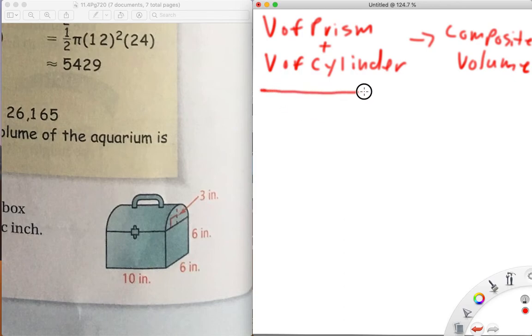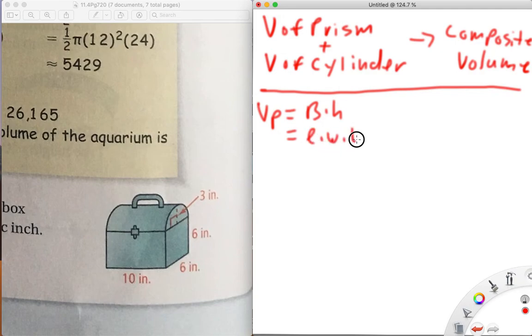We already know what the volume of a prism is. So volume of the prism, put P for prism, is base times the height. Since it's a rectangular prism, it's going to be length times width times the height. They give me a length of 10, a width of 6, and a height of 6.